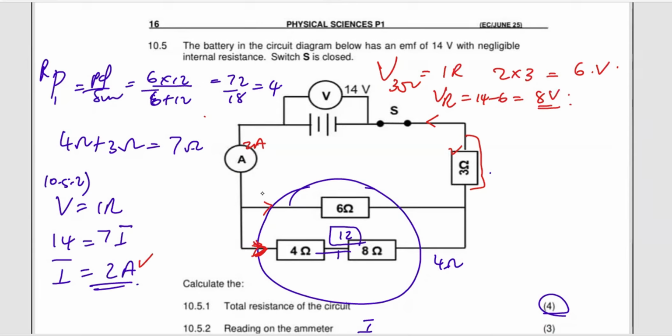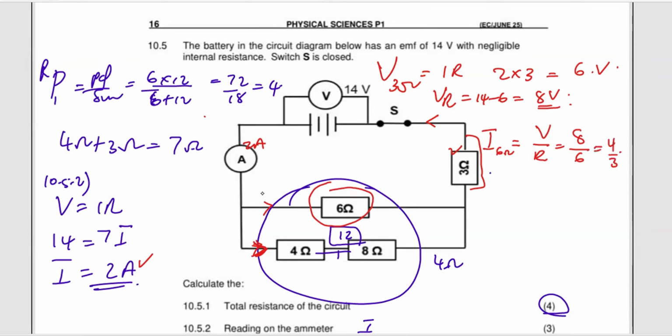If it is 8 volts, what is the current through the 6 ohm? The current through the 6 ohm is going to be the voltage over the resistance, which is 8 divided by 6, which gives 4 over 3.